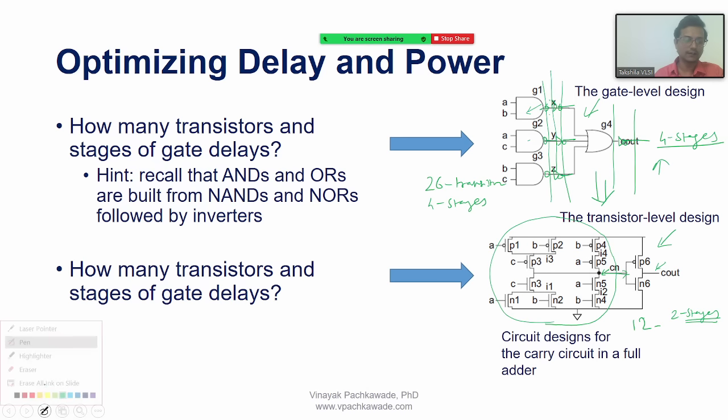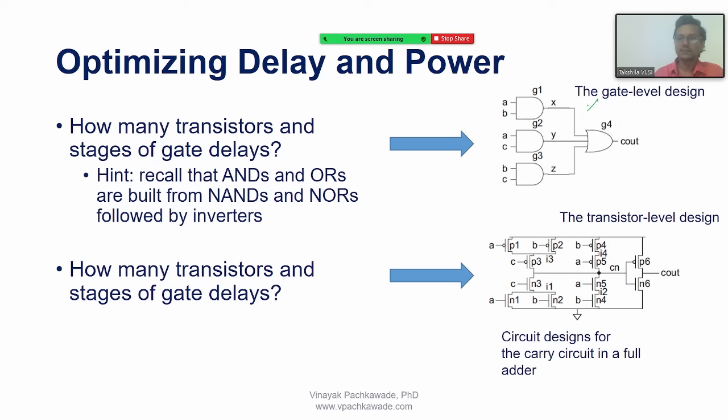For instance, if I simplify this circuit, it will be implemented like this. I have A, B, which I will call X. So you see X comes here.